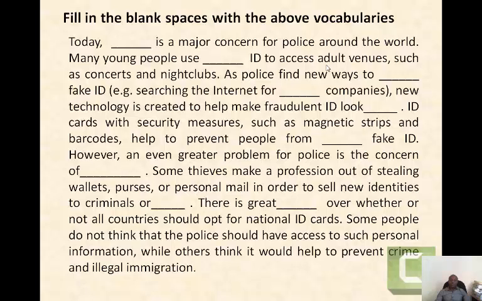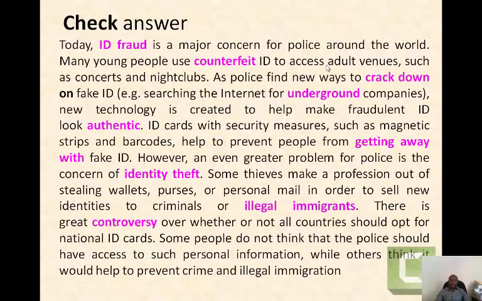Then there is a need to check your answers. Today, ID fraud is a major concern for police around the world. Many young people use counterfeit ID to access adult venues such as concerts and nightclubs.